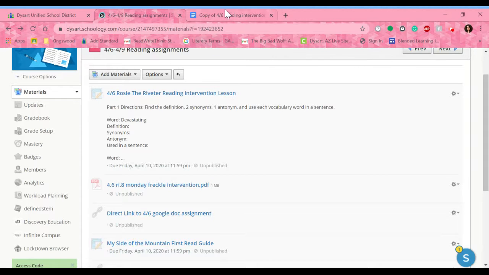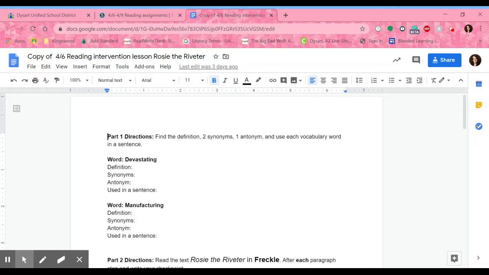The assignment is very similar to last week. Part 1, there are 2 vocab words that the kids need to look up this week: devastating and manufacturing. The kids need to find the definition for these words, 2 synonyms, 1 antonym, and then use each word correctly in a sentence.